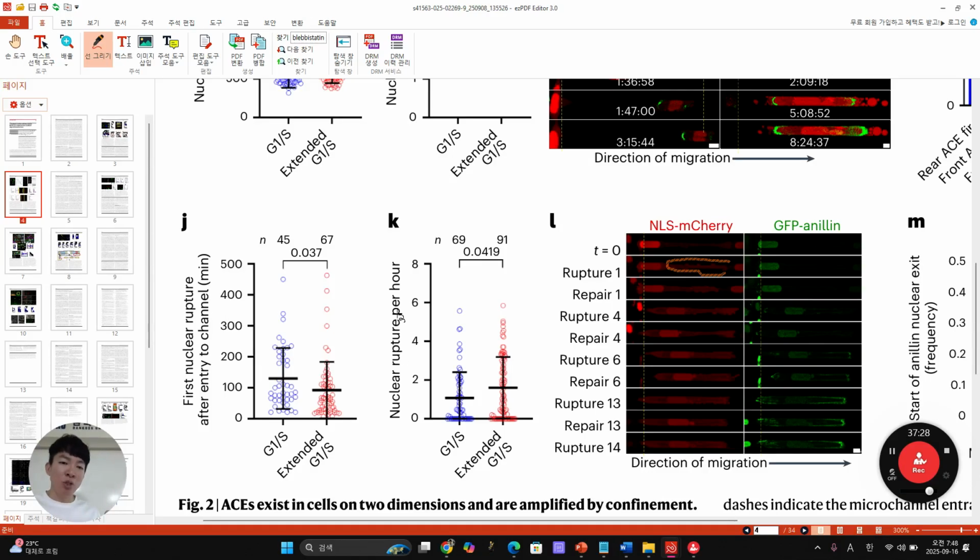And then rupture per hour, how many times is the nucleus ruptured? Maybe normal cells 1 or 2 times, but the extended, with a bigger nucleus, 2 times, something like that. So from this one, they can say some nuclear sensing could be involved in making this kind of nuclear rupture.